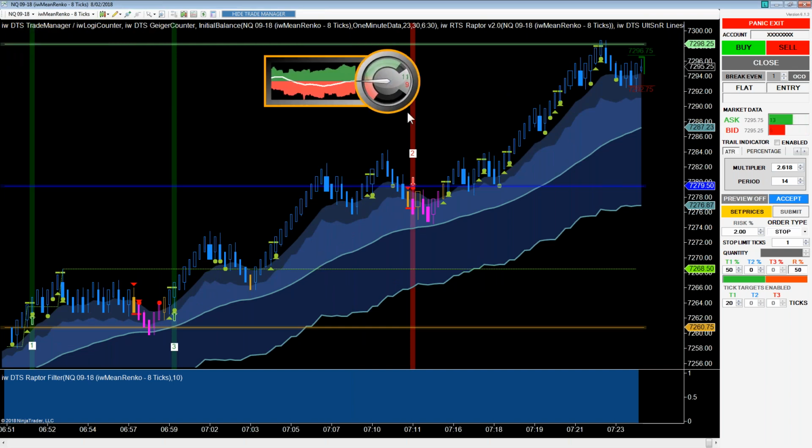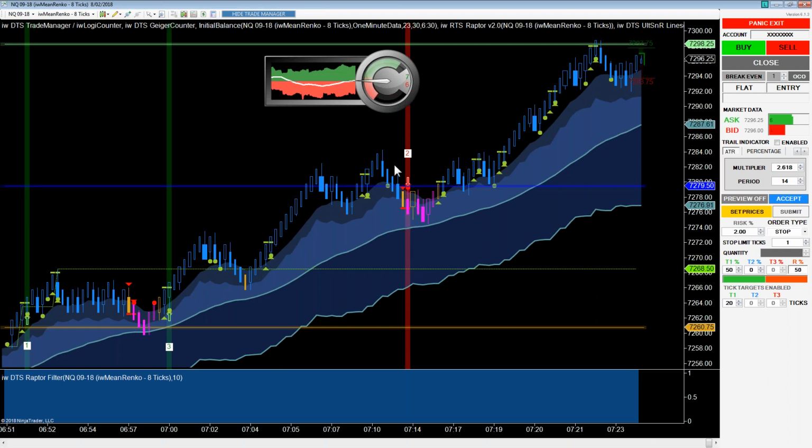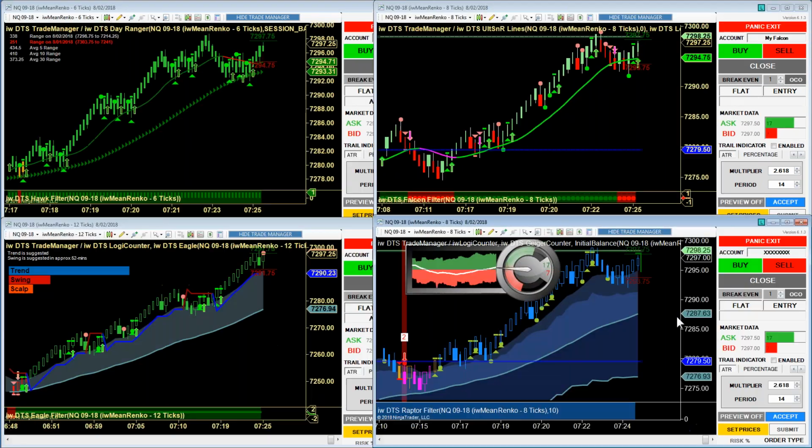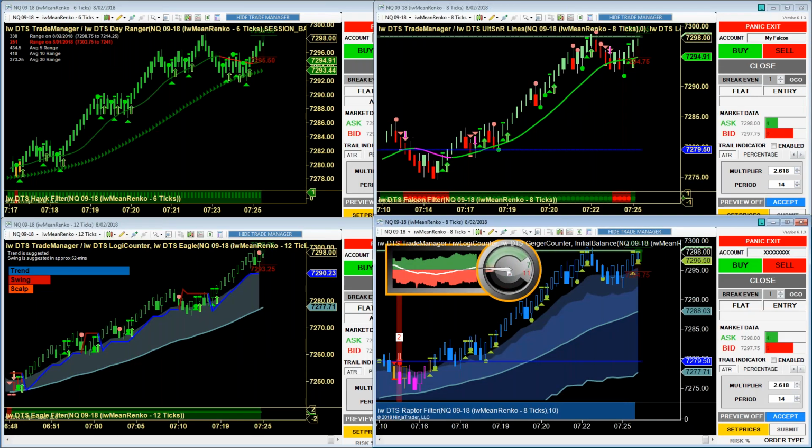If you're using the Geiger counter as well, anytime you get a questionable signal like a number 2 signal here, you would like to see this needle well into the red zone. Even if that needle was turning red, that would give you a little bit more confidence in that number 2 signal. So long as it was neutral or even green, it would be a little bit more questionable.